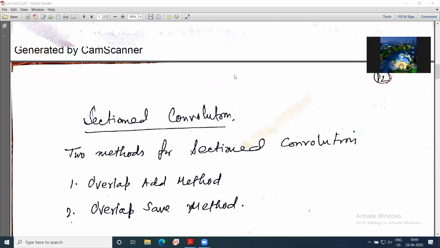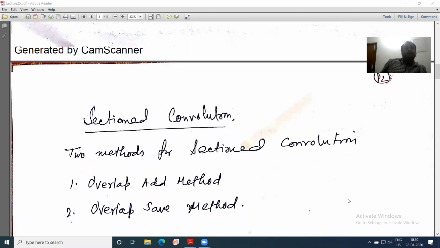In the overlap add method, we use linear convolution, and in the overlap save method, we use circular convolution. Indirectly, that is performing linear convolution only, but the technique mentioned in the literature uses circular convolution in the overlap save method.